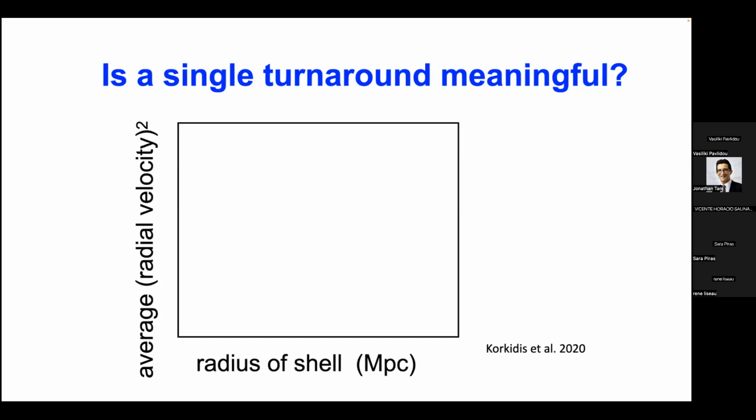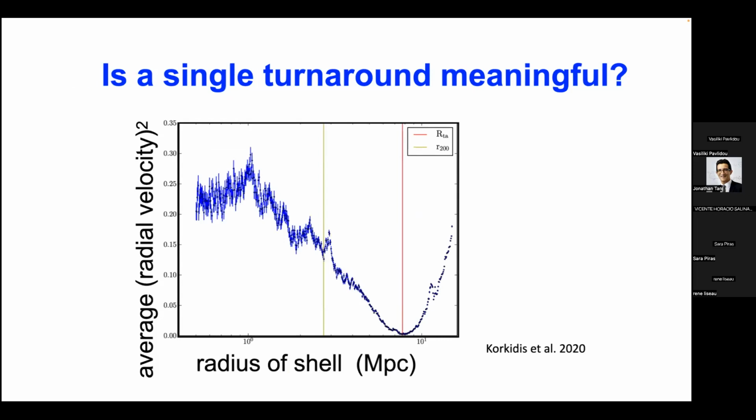And then if at the turnaround shell everybody's radial velocity is about 0, then you should have a very small average value of the radial velocity squared. It does that. They all do that. It's wonderful. So at the center, indeed, you had an average velocity close to 0, but now the average square is very high.